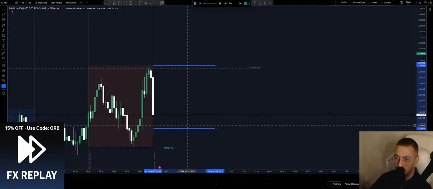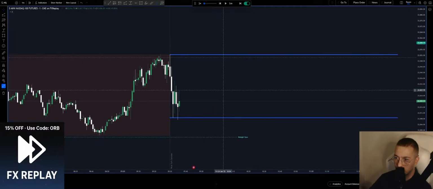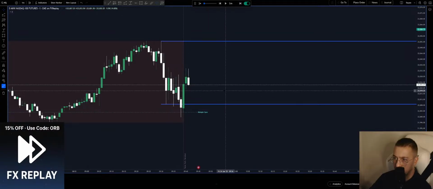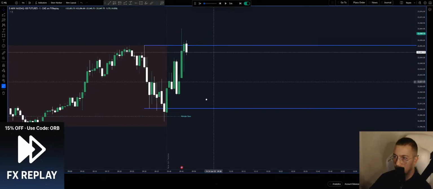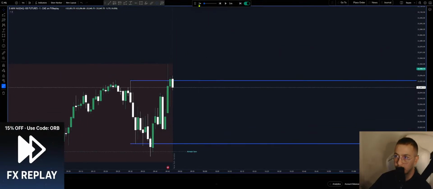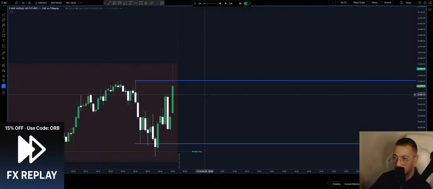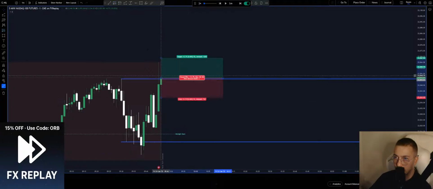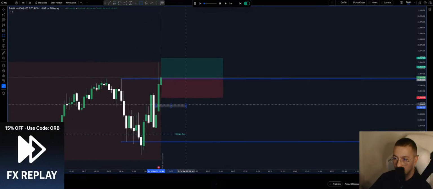That's the high and low. All right, we did break below, but there is no gap. Yeah, that's the entry. Here, there's a small gap. That's the gap.